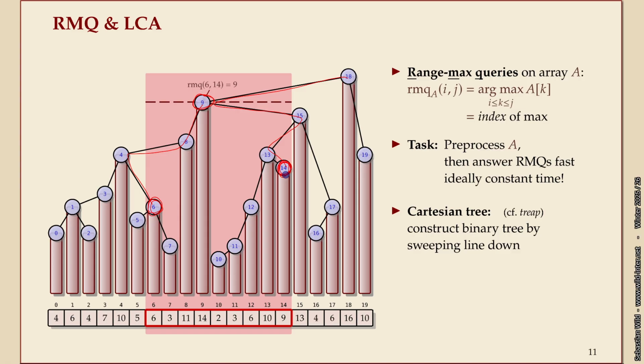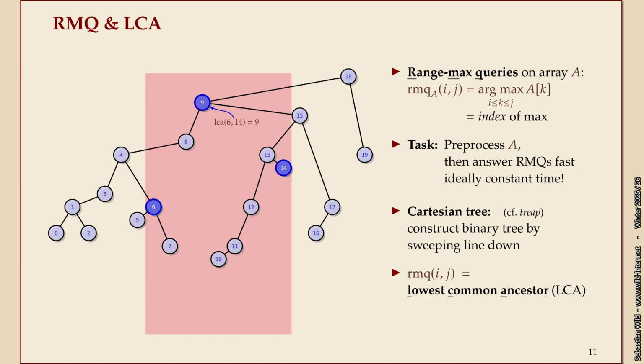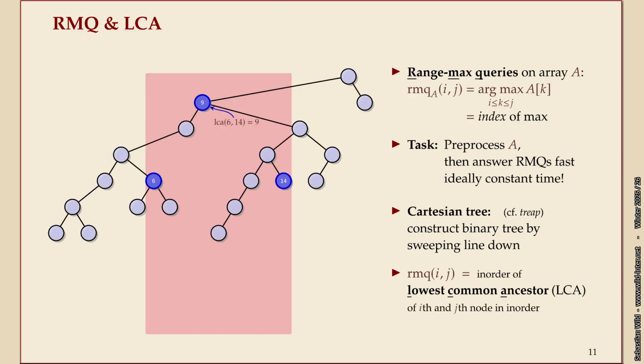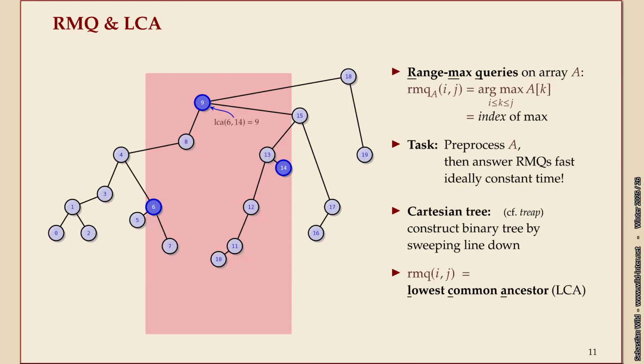Okay, maybe that's helping to visualize this a bit. So we've reduced the problem of range max queries to finding lowest common ancestors in binary trees. That may be useful or not. The way we will use it, the reason it's useful for us, is primarily that since this is all about the tree, we don't need to know the heights of these poles anymore.